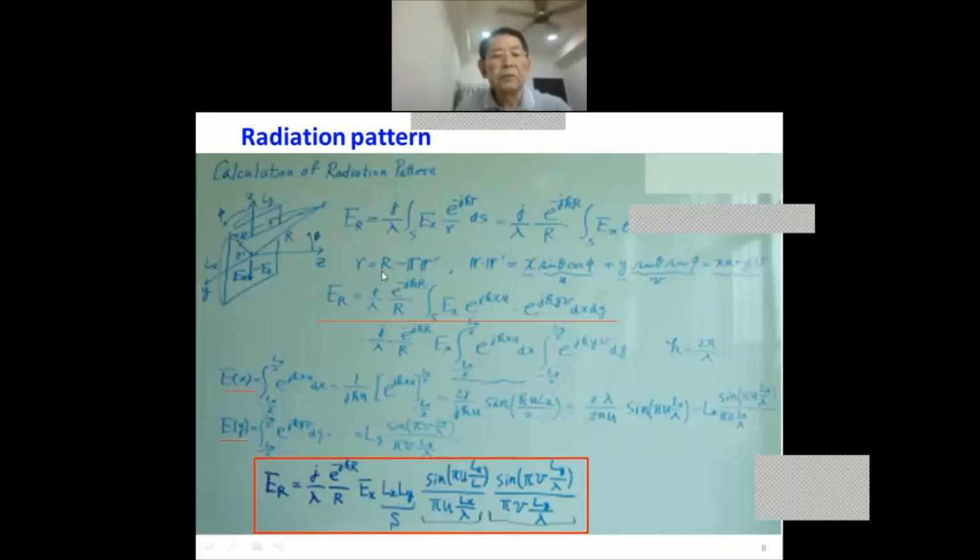Then r equals, this is the R vector, and R dash vector is, maybe this is R dash, and this is R vector. So this r is expressed by R minus R dash.